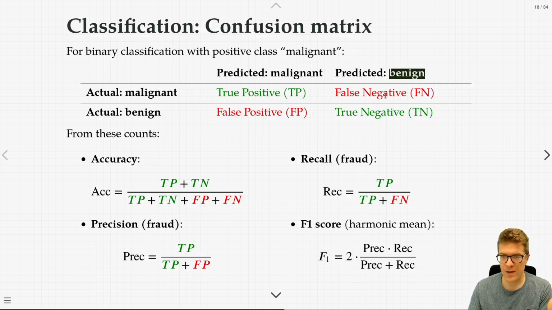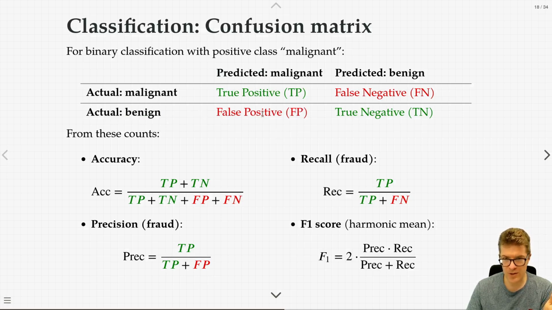What kind of mistake is it? Well, we called it negative. If the positive class is malignant, then the negative class is benign. So we called it negative, but that was false. We call this a false negative, or FN. It could have actually been a negative class, actually benign, but we could have accidentally predicted it as malignant.